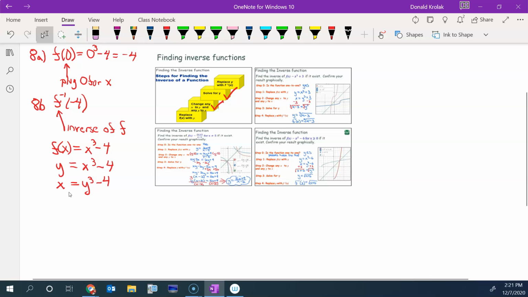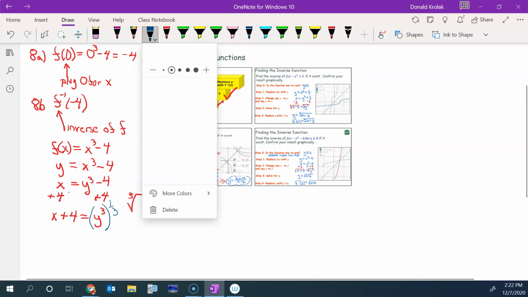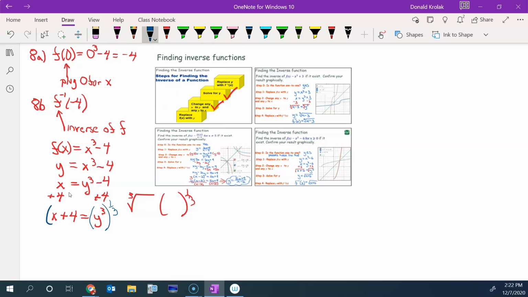Then I'm going to solve that equation for y. I get x plus 4 equals y cubed. At this point, I either want to do the cube root or raise it to the 1/3 power. Either one, they're the same thing. If I raise this to the 3rd power and this one to the 1/3 power, these cancel, and I get y equals x plus 4 to the 1/3 power.